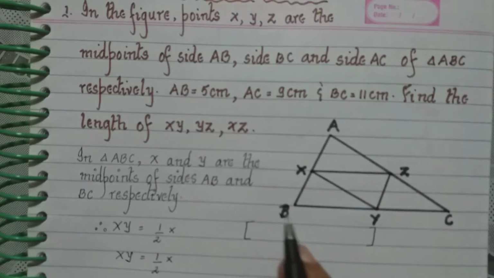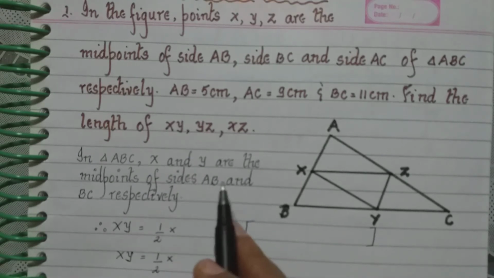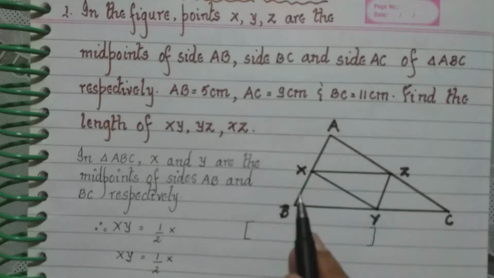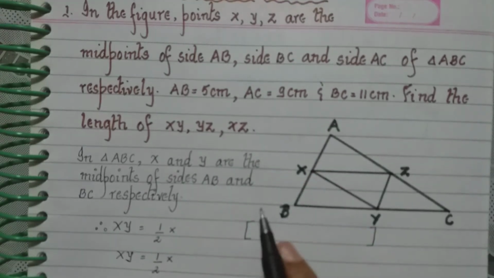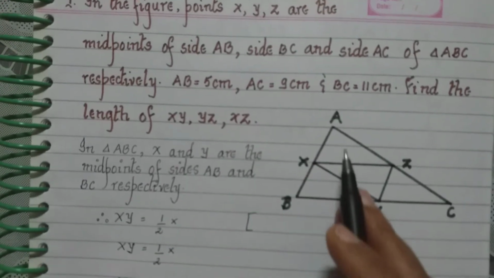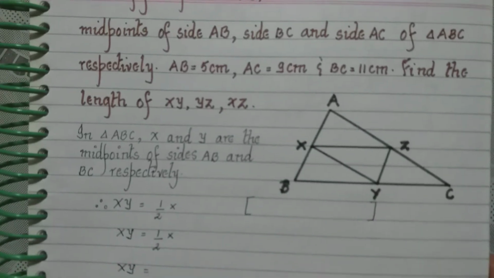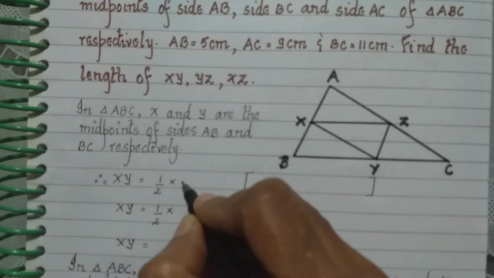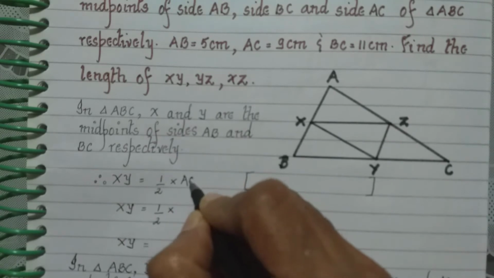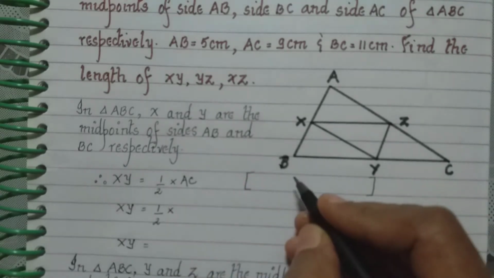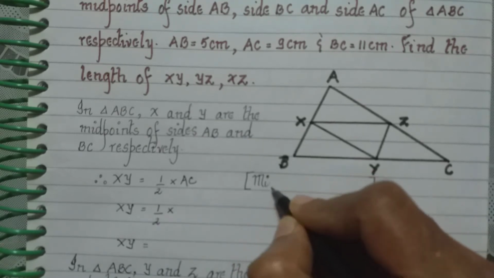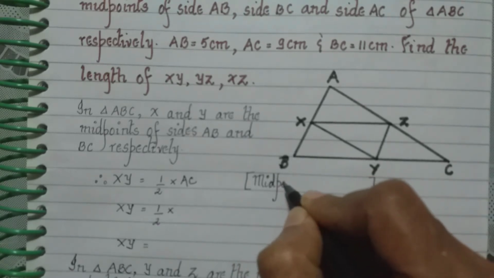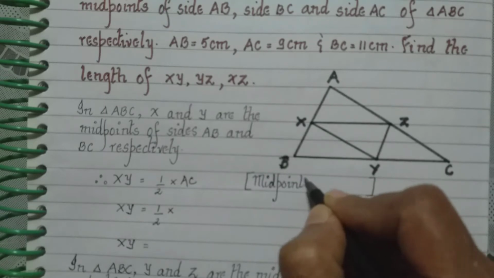We took the sides AB and BC, so the third side is AC. Therefore, the length of XY will be half into AC. And how do we know this? This is got from the midpoint theorem. So we write here midpoint theorem.